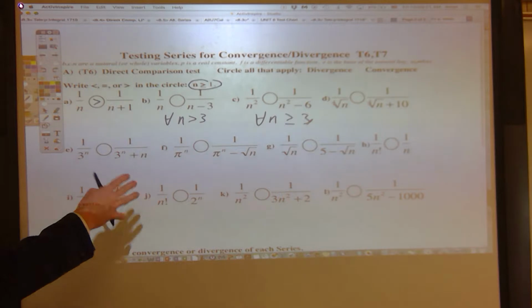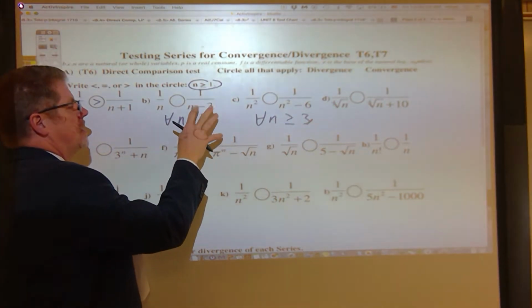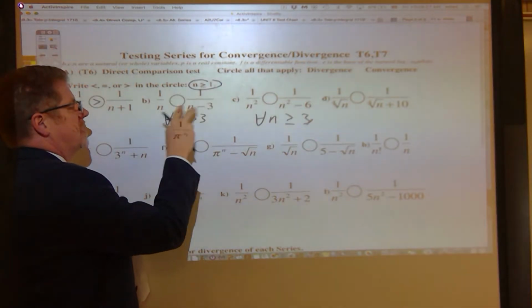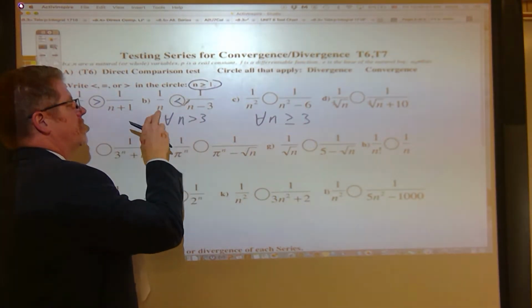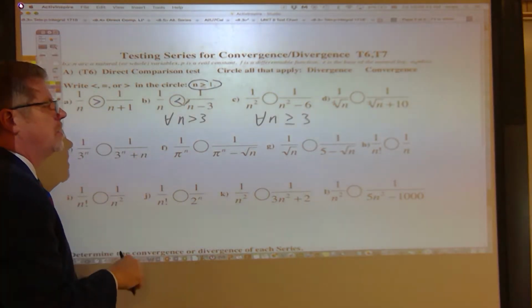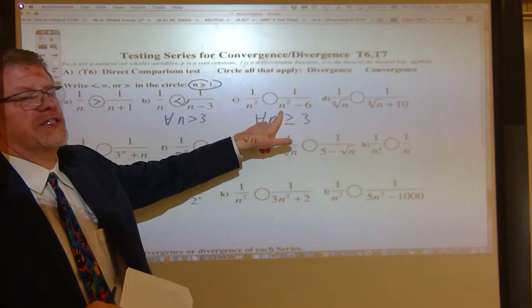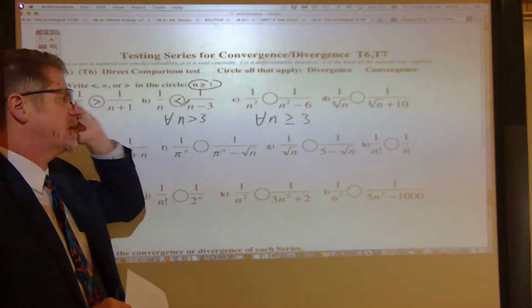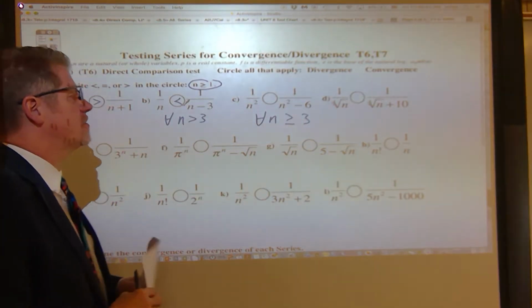As long as we have n values greater than 4, which is bigger? N is bigger than n minus 3, so a bigger denominator means a smaller fraction. Over here, we're going to restrict it to n values greater than or equal to 3, so we don't have to deal with negative numbers, because 3 squared minus 6 is positive.